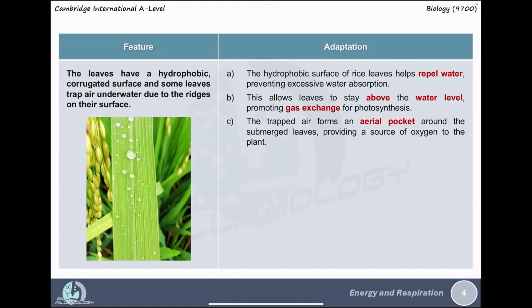This allows the leaf to stay above the water level, promoting gas exchange for photosynthesis. The trapped air forms aerial pockets around the submerged leaf, providing a source of oxygen to the plant. So even when the leaf is actually above the water, because of the ridges, a small air pocket can be formed, allowing oxygen to diffuse from the leaf into the roots.